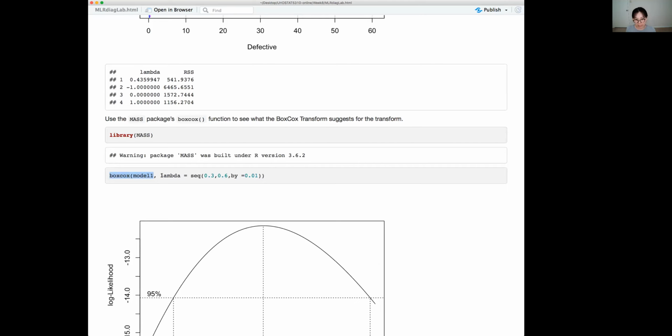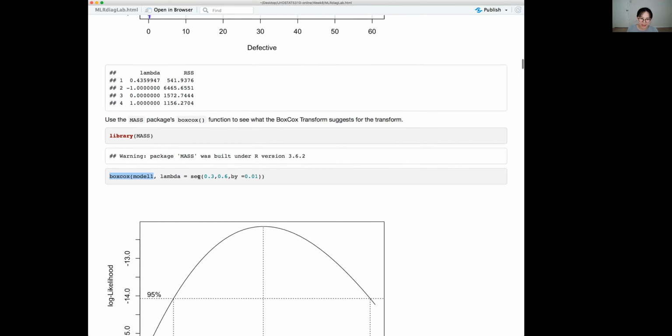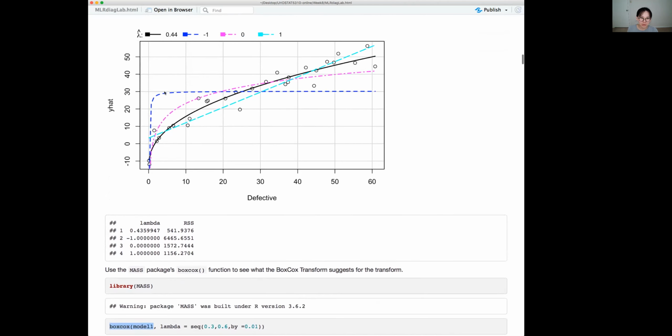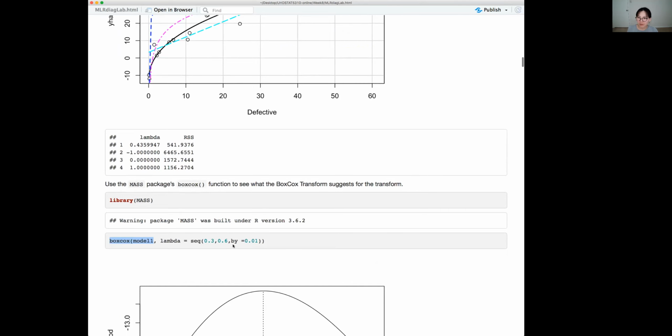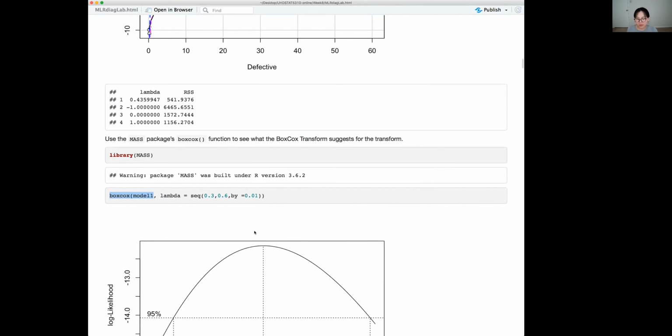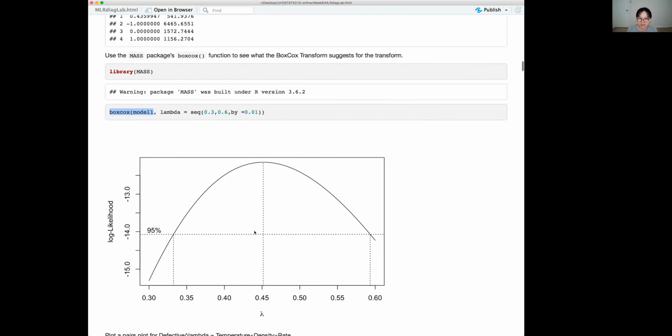We supply a range of lambda, but here it's kind of cheating because we know this lambda is between 0.3 and 0.6.